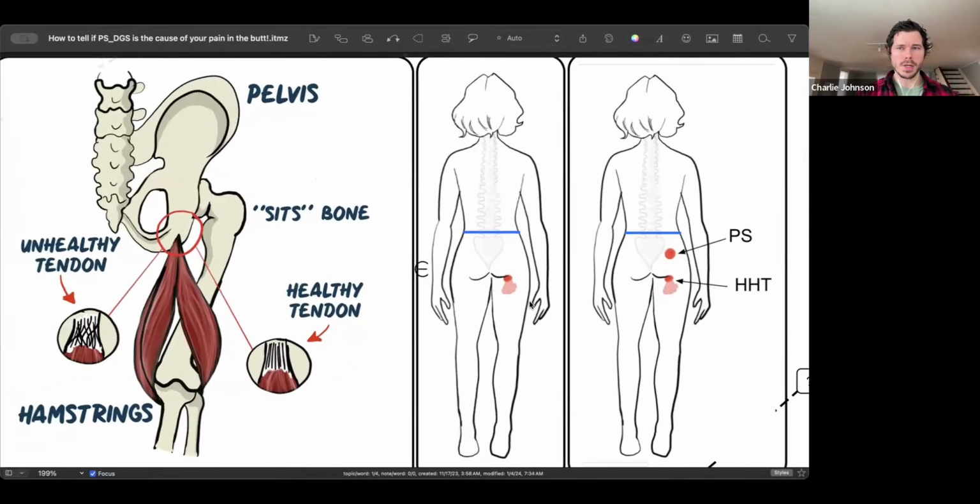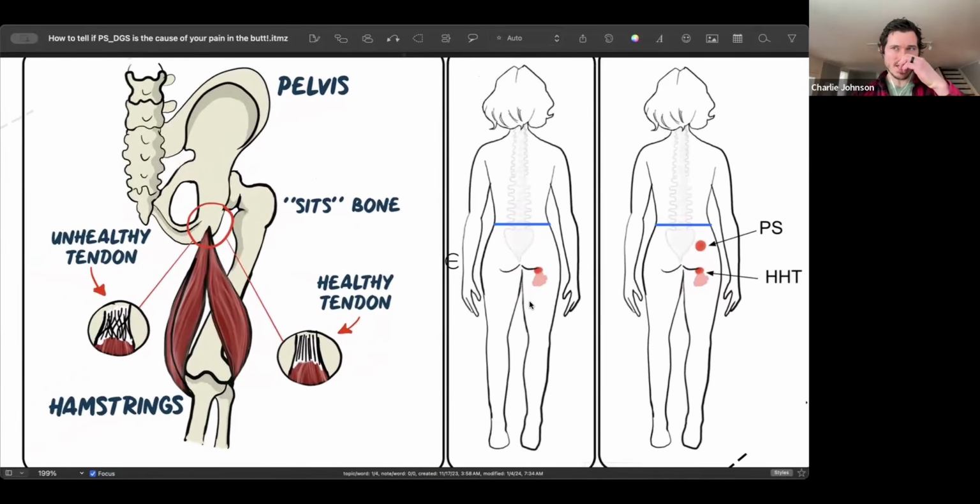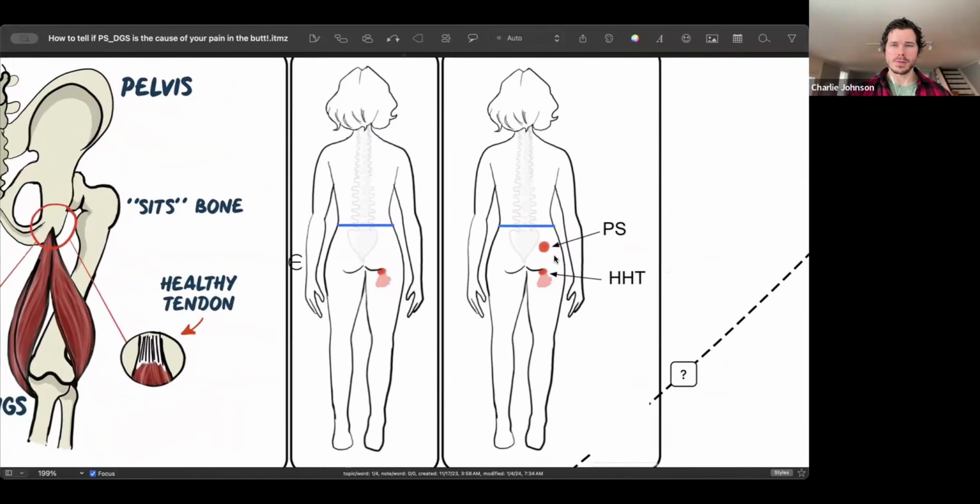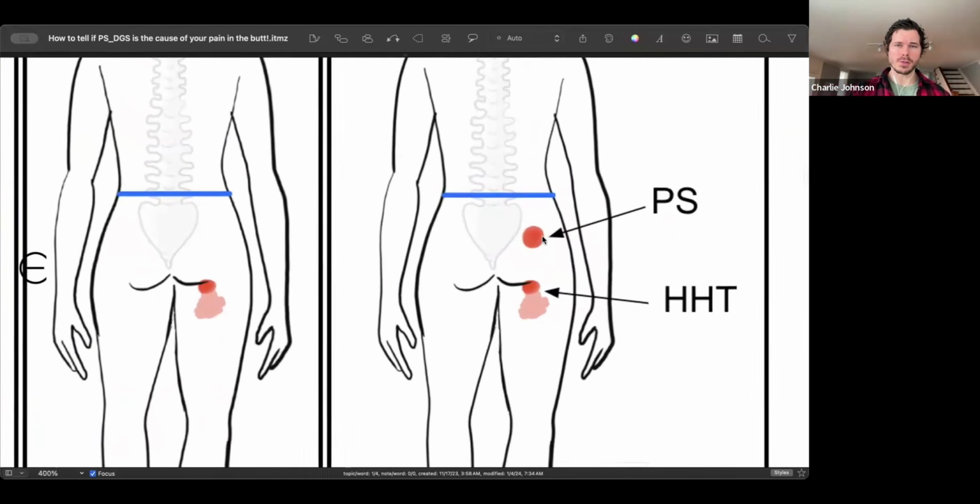So let's look at, again, the location of symptoms. This is very telling. So you can see here in this little drawing that the hamstring attaches right to the butt bone. And if we look at the location, they differ. If you have Piriformis Syndrome or deep gluteal syndrome, you have symptoms in the center of the buttock. But if you have a high hamstring problem, the pain is localized to the sits bone, meaning you're not pressing smack dab in the center of your buttock.